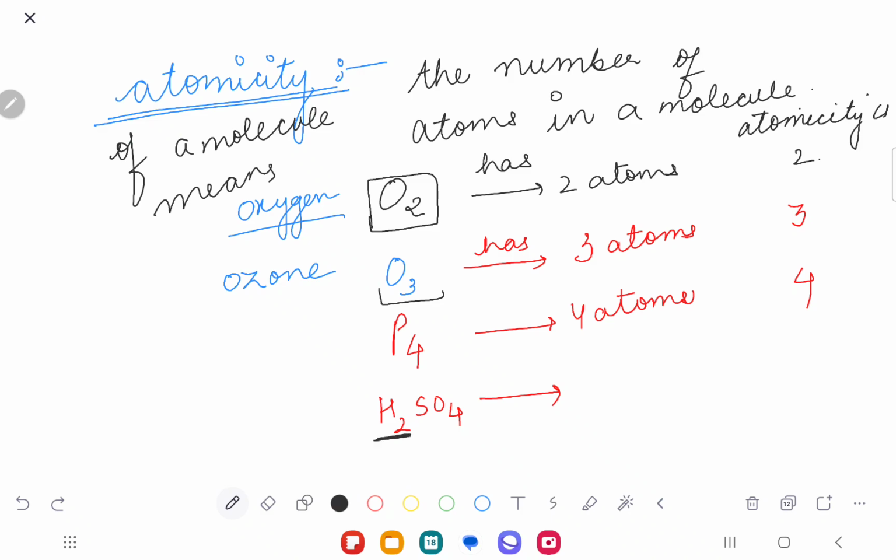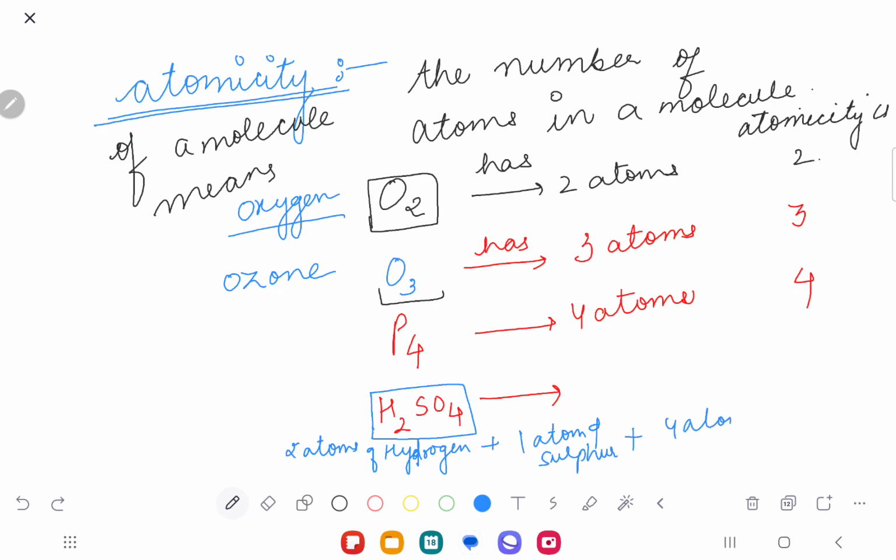We have H2SO4. Two atoms of hydrogen, one of sulfur, four of oxygen. That means what? So we have two atoms of hydrogen plus one atom of sulfur plus four atoms of oxygen.